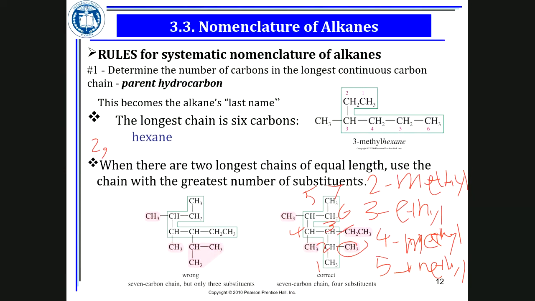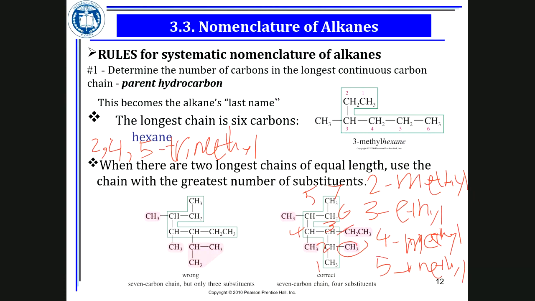You must use a comma to separate the numbers. 2, 4, comma, 5, dash. You must use a dash to separate the number from the letter. Because we have 3 methyl groups, now it's going to be trimethyl. So we gave the location to the 3 methyl groups.